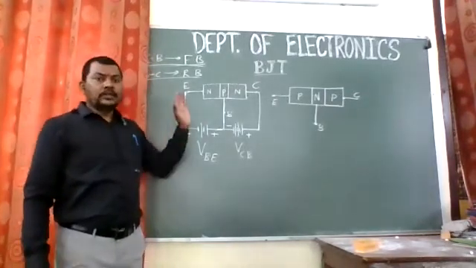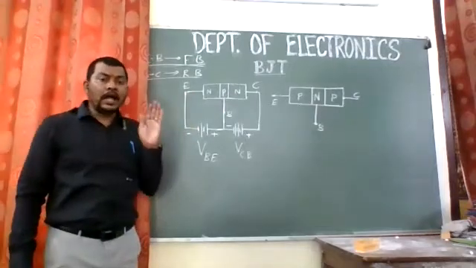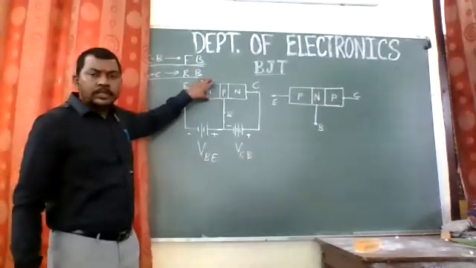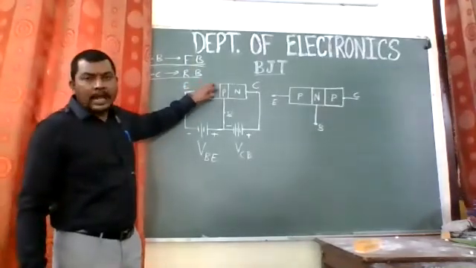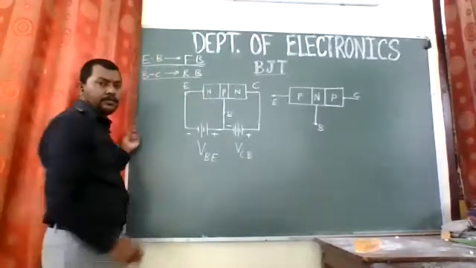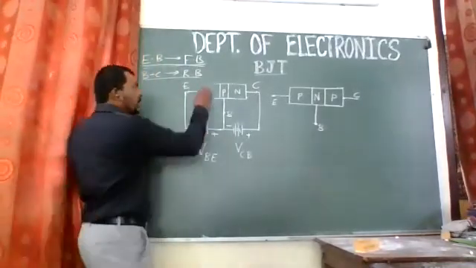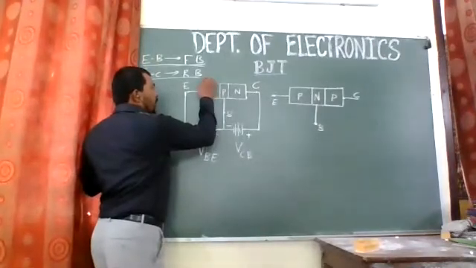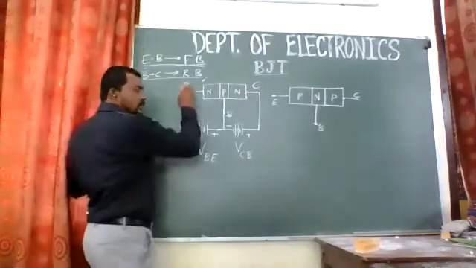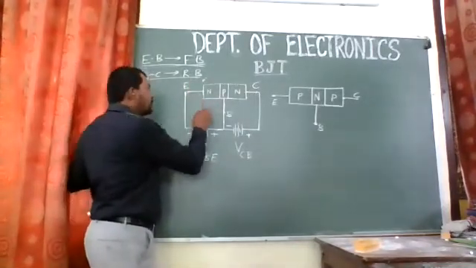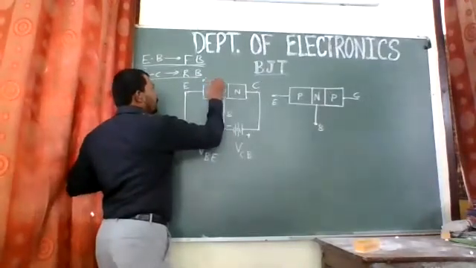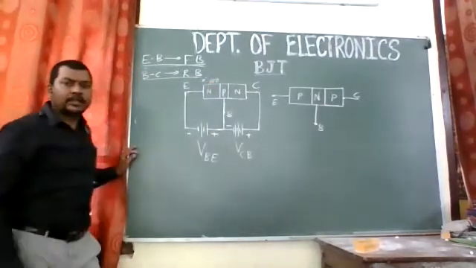As I told you, the emitter is very heavily doped. What it implies is that there are more majority charge carriers in this emitter. If we take it as an N type semiconductor, then negatively charged electrons are there. Since it is heavily doped, let us take a number like 100 electrons present over there.